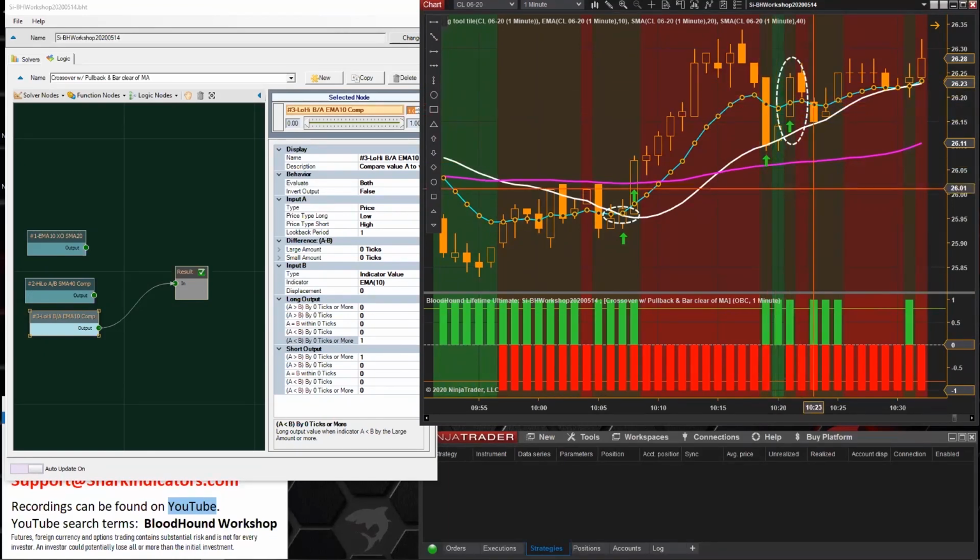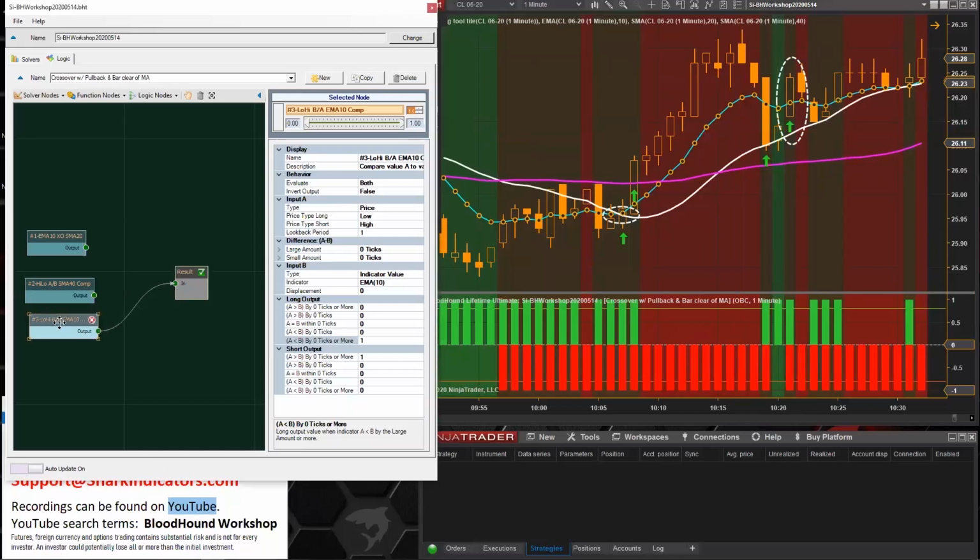So, well, in this bar it's not touching it. So technically, just one solver is not a touch by definition, but really all we need to do is make sure that the low goes below the moving average.